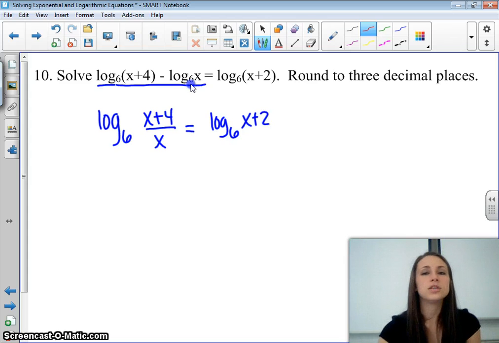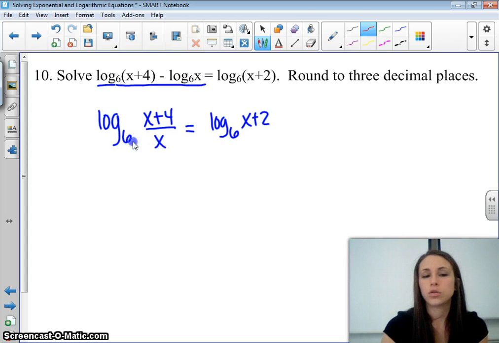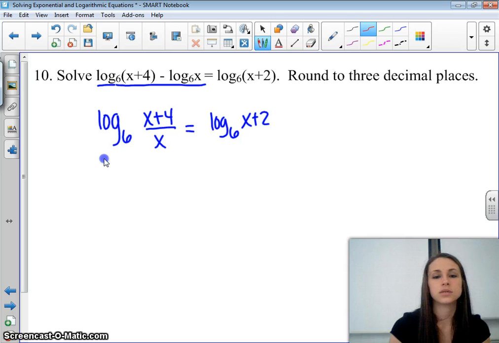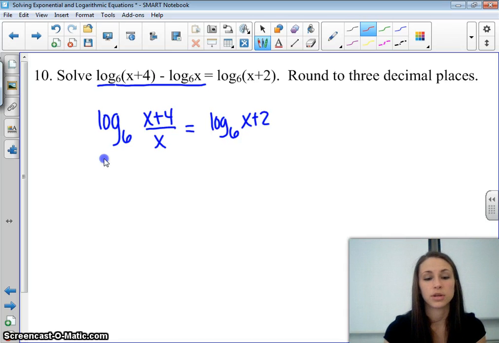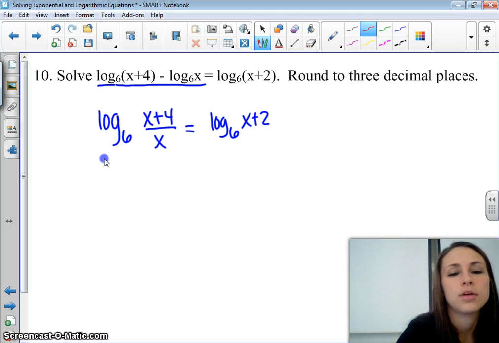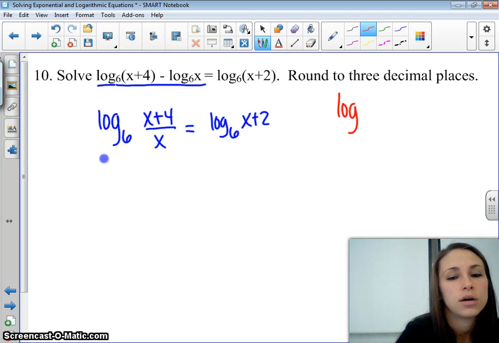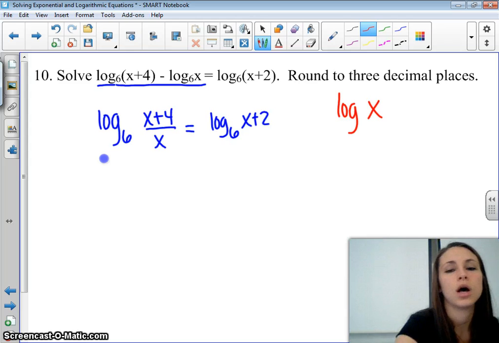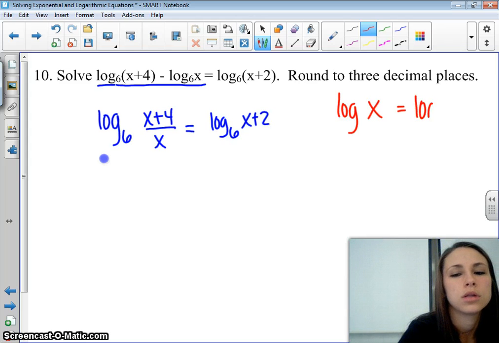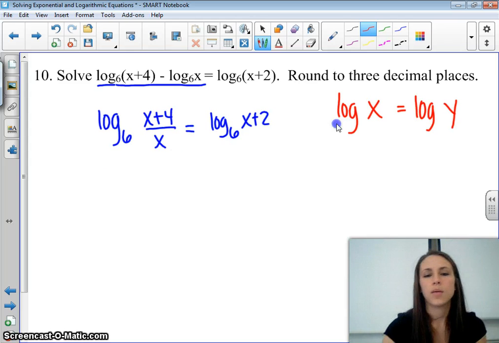Now, this one could be done a whole lot of different ways, but the easiest is by using this property of logs. There's a property of logs that says if we have log of x equals log of y, the bases here are understood to be 10 if I don't put a base, so the bases have to be the same.